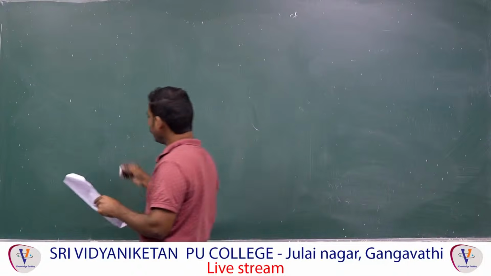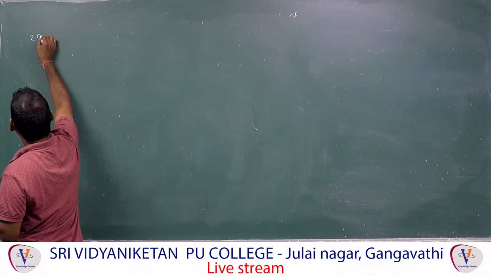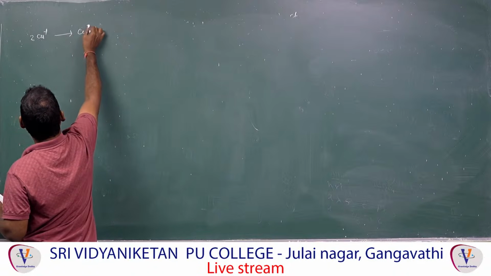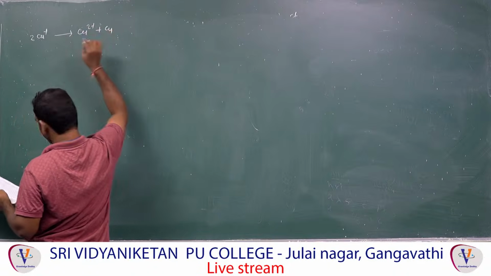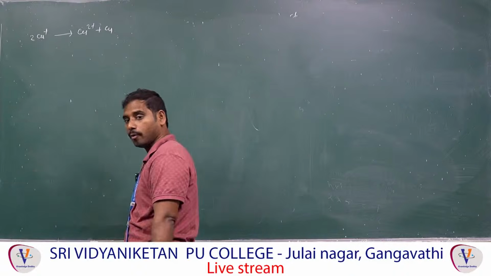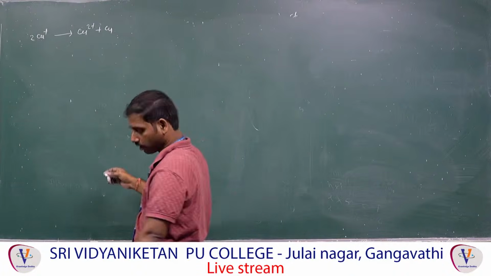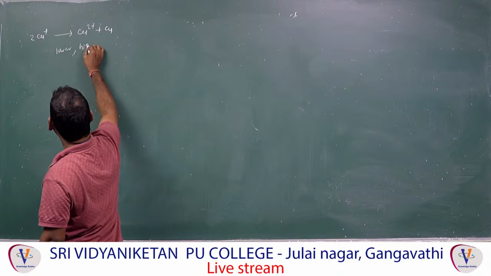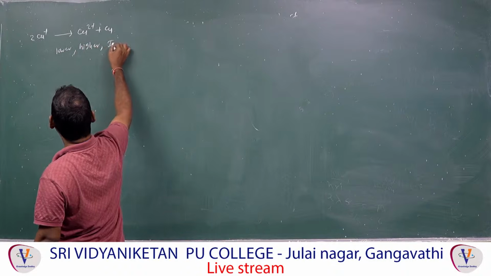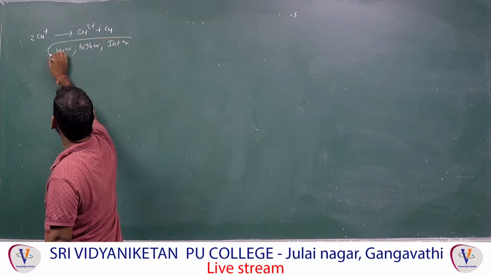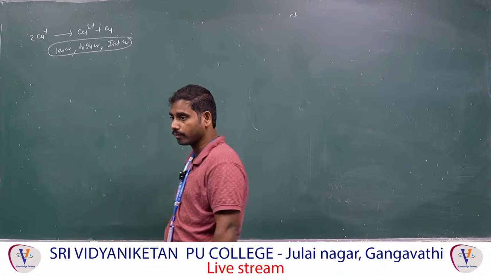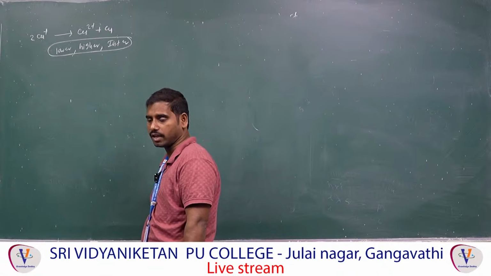Observe here, one point I will tell you, the remaining you have to do. 2 Cu plus gives Cu2 plus and Cu. Minimum how many oxidation states do we need? 3 oxidation states. What are those? Lower, higher and intermediate. One is lower, other one higher, other one intermediate. 3 oxidation states we need for a disproportionation reaction.